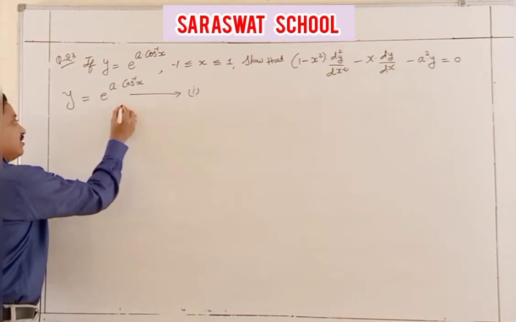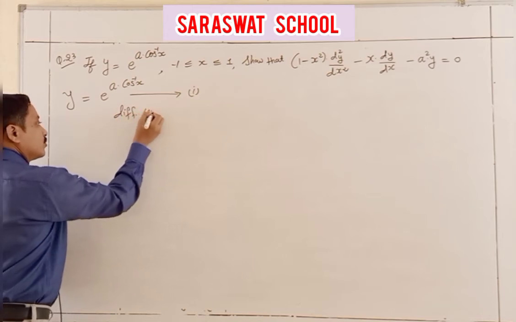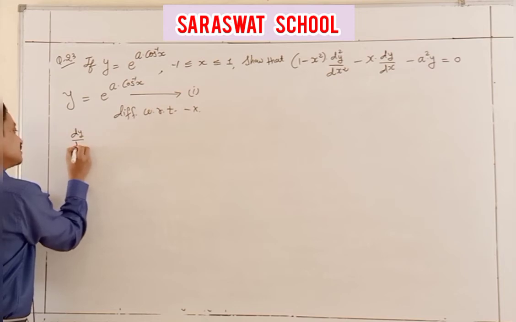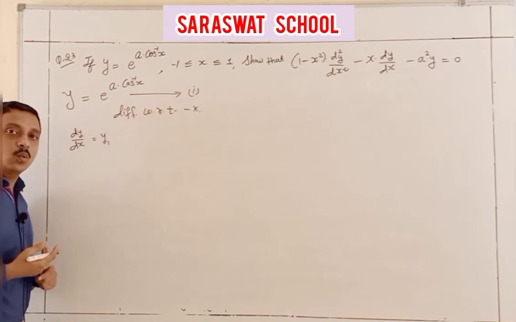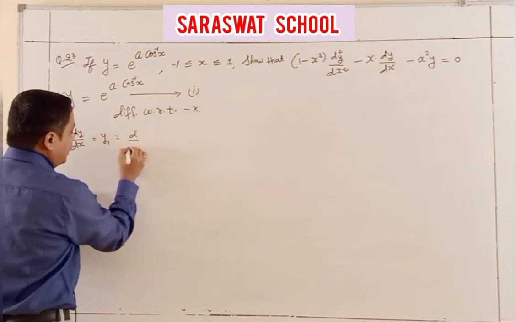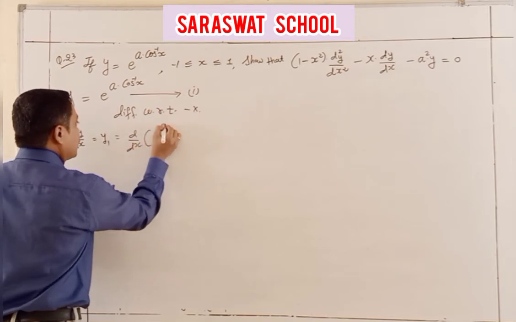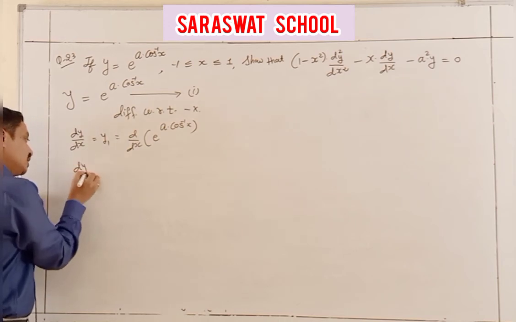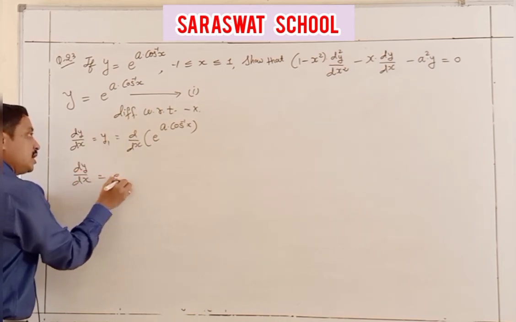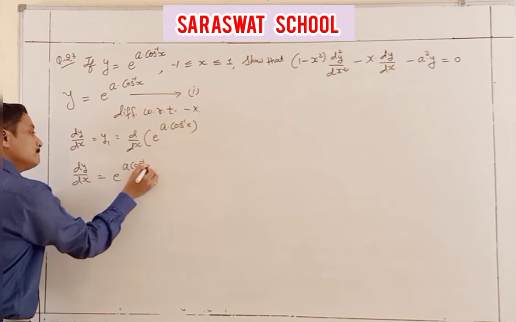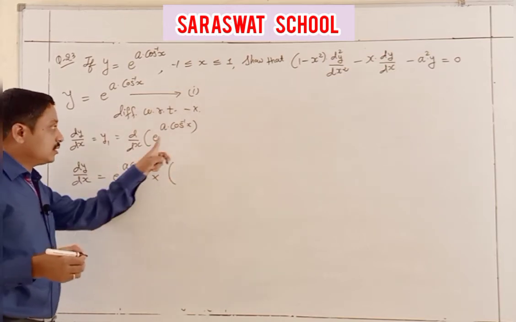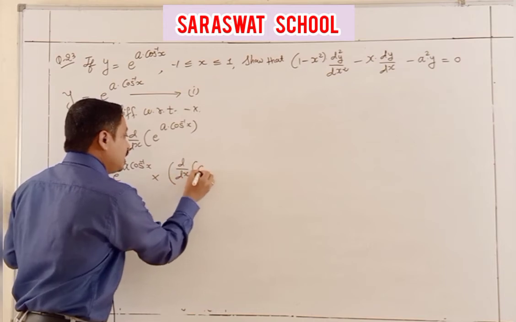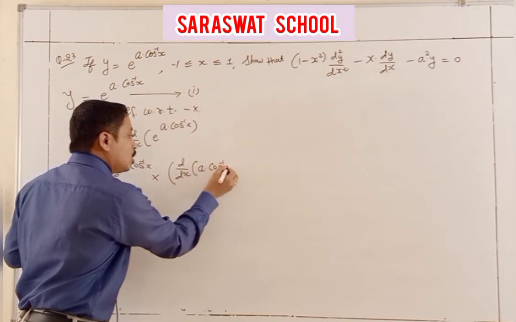So I just start differentiation with respect to x. It is dy by dx, or you can call it y1, and that is the d dx of e raised to a cos inverse x. So you get only the e derivative the same, and this derivative, a into cos inverse x.